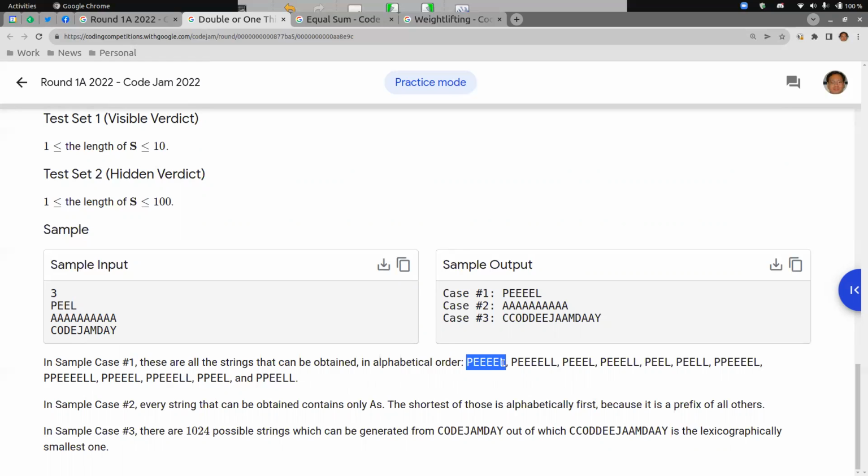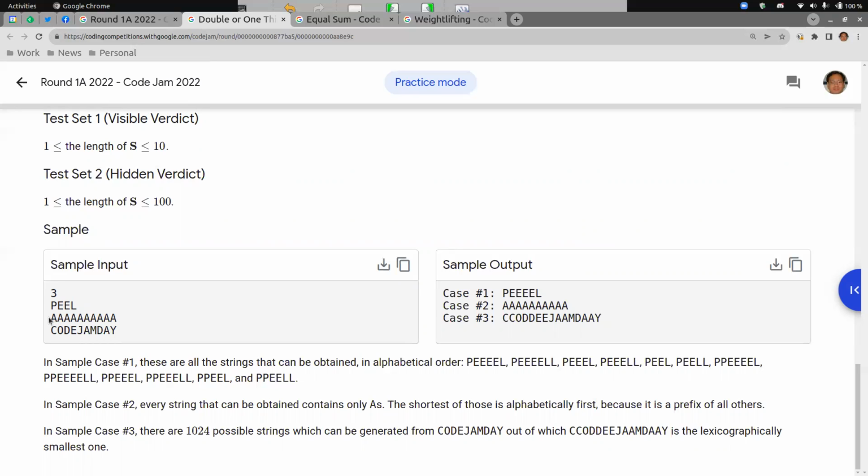So this one has both of the E's doubled up. This one has both of these doubled up and then an L doubled up. This one only has one E doubled up, and so on and so forth. Okay, and you want the one that is alphabetically the first, no matter how you double it up, or you can decide not to double up at all.